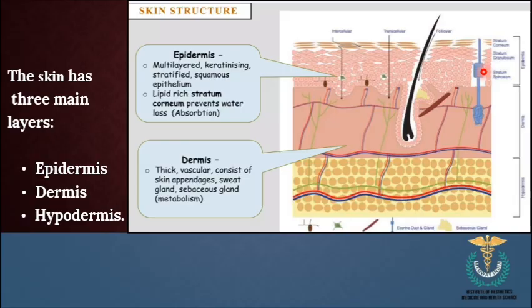Then we have skin appendages like hair follicles, sweat glands, and sebaceous glands. As far as the functions are concerned, protection is one, regulation is another, sensation is third, and production of vitamin D through exposure to sunlight.